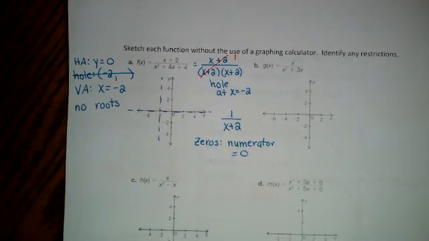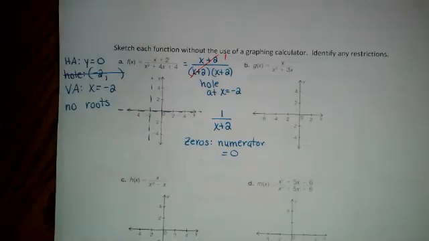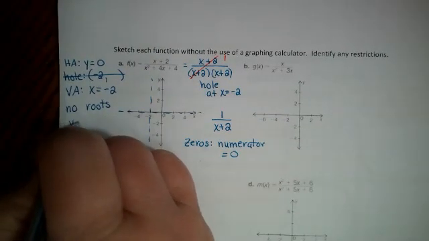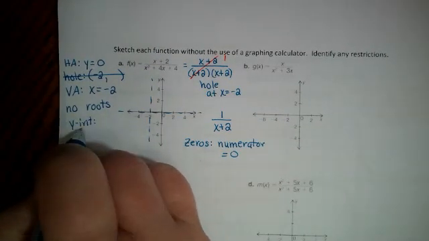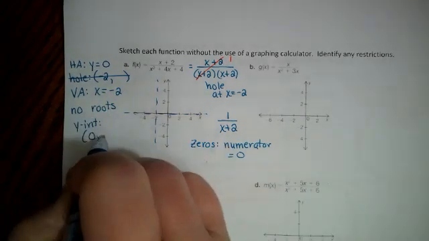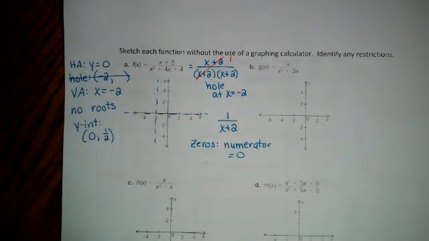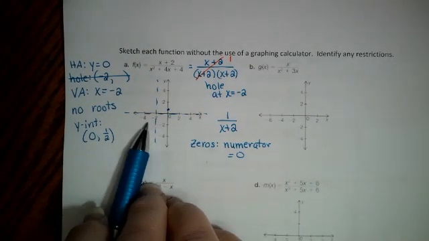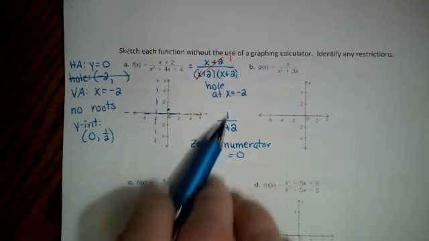The other thing I could find is the y-intercept. Remember, we said the y-intercept is when x equals 0. So put in a 0 for x. The y-intercept is at 0, 1/2. So right about there. Now I know this is just 1 over x plus 2.